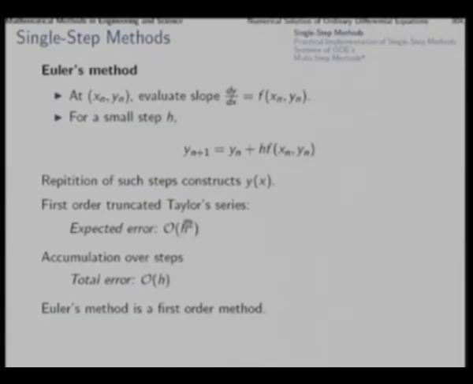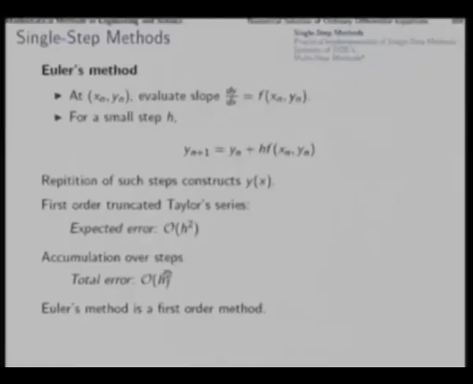So, at every step we will have an order h square error. So, accumulated over steps the error will be larger. Larger means lower order of h, h is a small step. So, the total error order will be order h, which is bad, because it is a first order error.